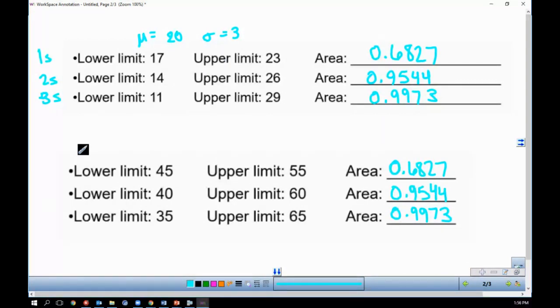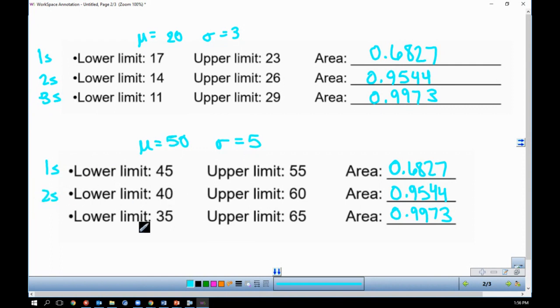Okay? Now let's look at this next group of problems. This one, we changed it. The mean was 50. Standard deviation was 5. So how many standard deviations for this first group? 1. What about the second group? 2.